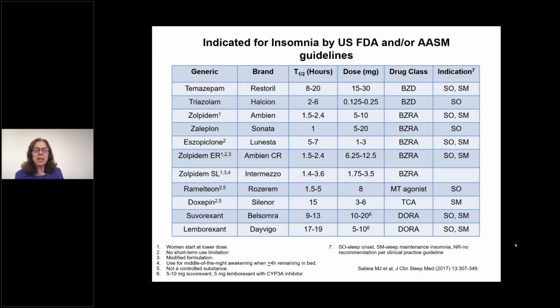And then the newest entrance to the hypnotic armamentarium have been drugs that work on the orexin system, or orexin receptor antagonists, including suvorexant and lemborexant. These drugs tend to be a bit more long-acting, and orexin is a neurotransmitter, a neuromodulator in your brain that helps to keep you awake.